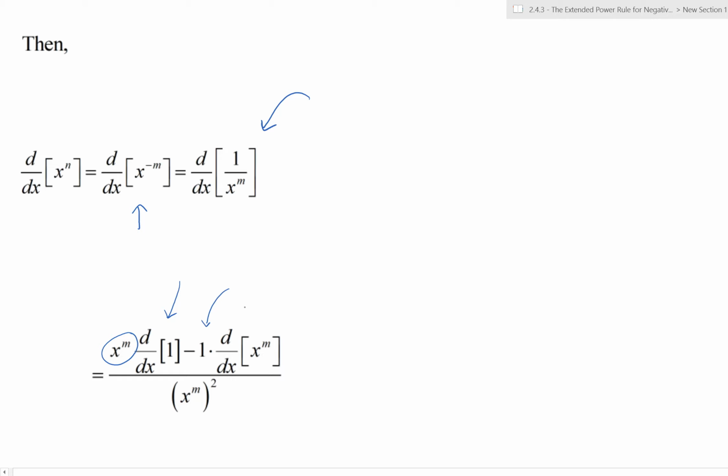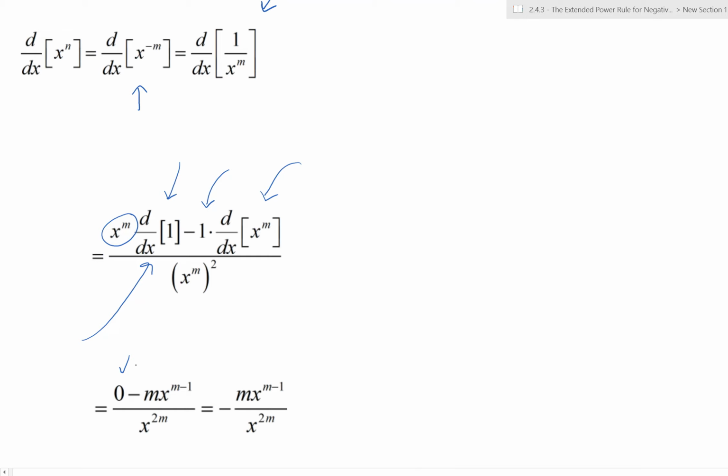Now, when we differentiate 1, that just leaves us with 0 times x to the m, so that's where we get this 0. And then the derivative of x to the m, by the power rule, is m times x to the m minus 1, because m is assumed to be positive. Hence, we get 0 minus m x to the m minus 1 in the numerator.